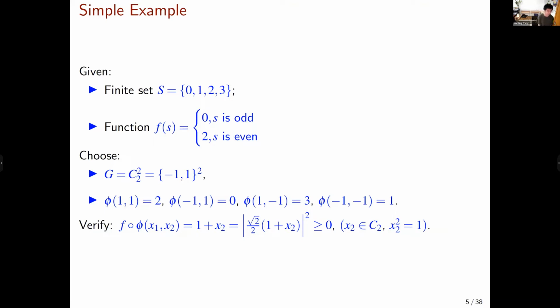We can verify that f is a non-negative function by giving a rank 1 Fourier sum of squares of the composition of f and phi. Here we remark that since x2 belongs to the group C2, the square of x2 equals 1.